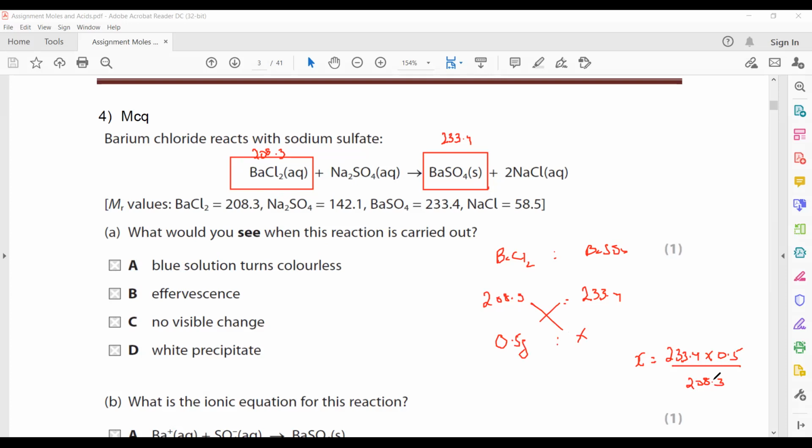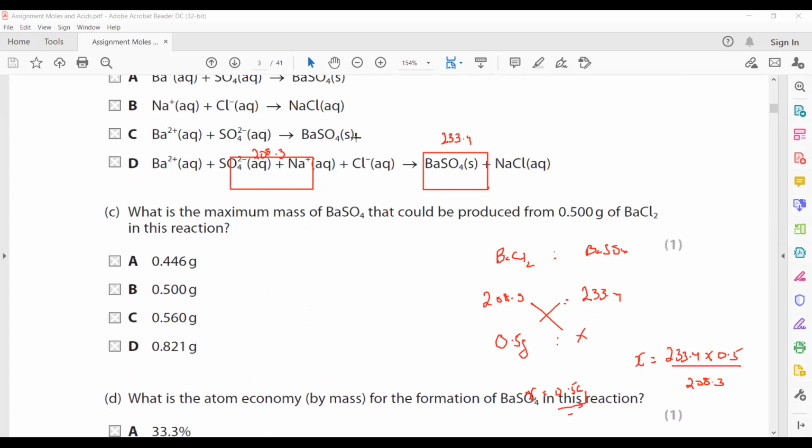So that's equal to 0.56 gram of barium sulfate. So when we check the options, it is C.